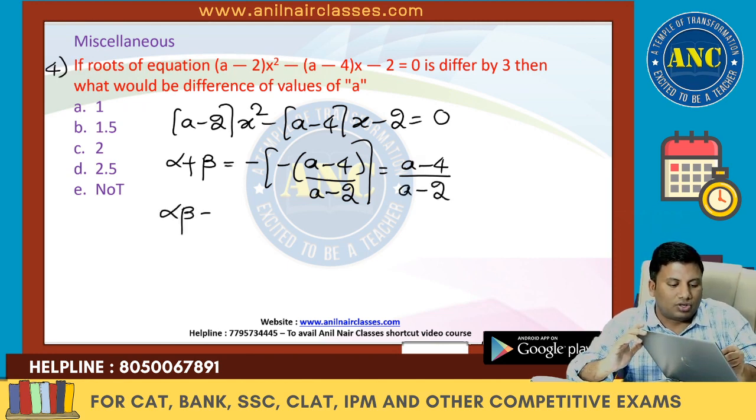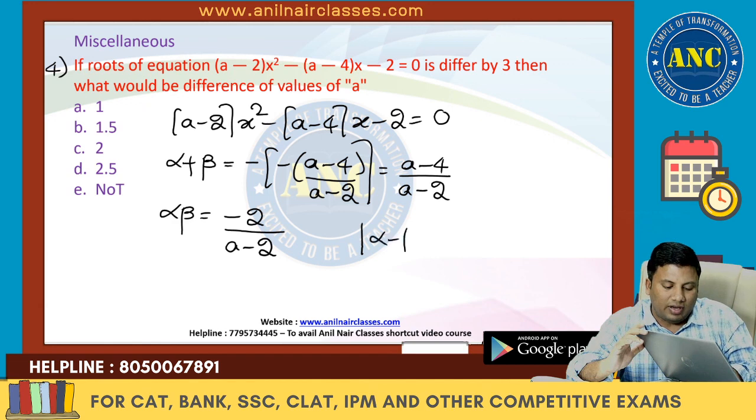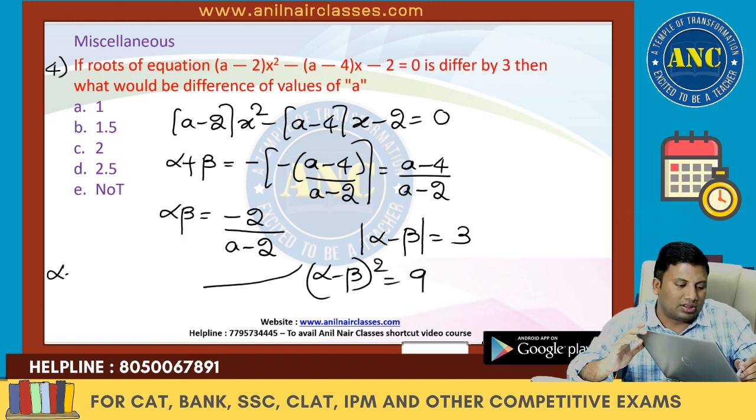Product of the roots is nothing but minus 2 by a minus 2. The roots differ by 3. Already I think we have solved this question. Alpha minus beta whole square is 9. This is nothing but alpha plus beta whole square minus 4 alpha beta equivalent to 9.